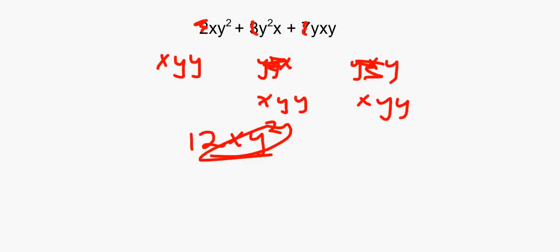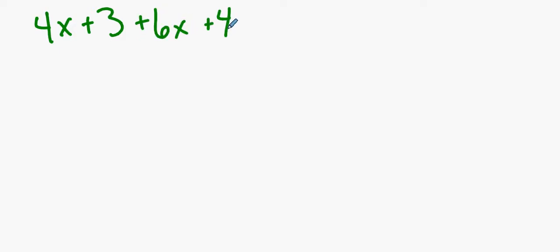Before we get to practice problems, why don't we talk about this just a little longer? If we need to simplify something like 4x plus 3 plus 6x plus 4, here it gets a little sticky, plus 2xy plus 3yx plus 2.